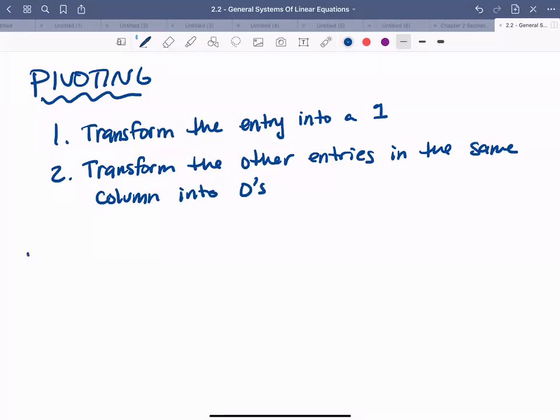All right, so here's our first example. Pivot about the circled element.